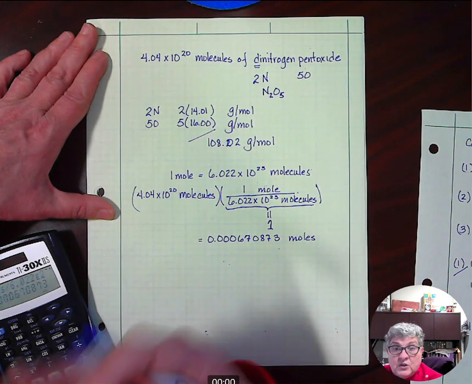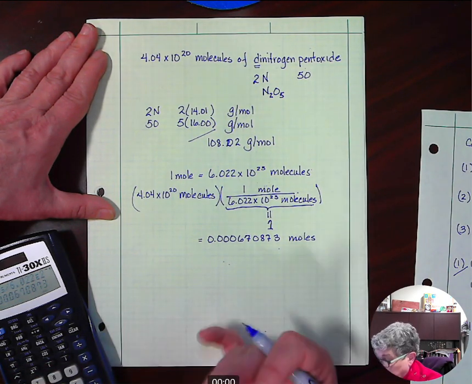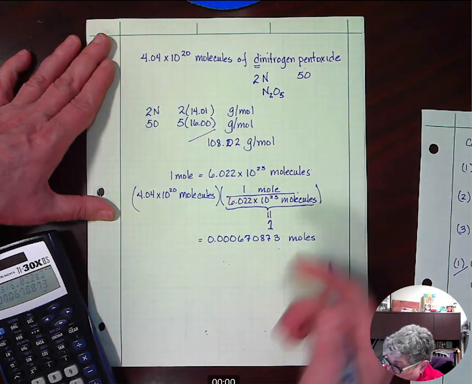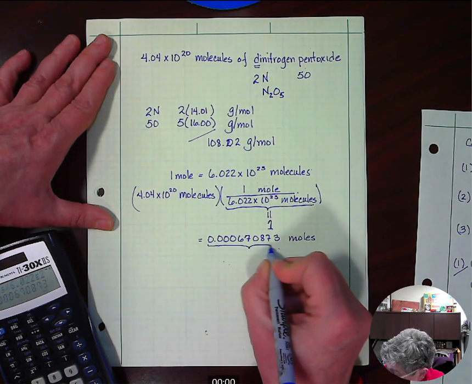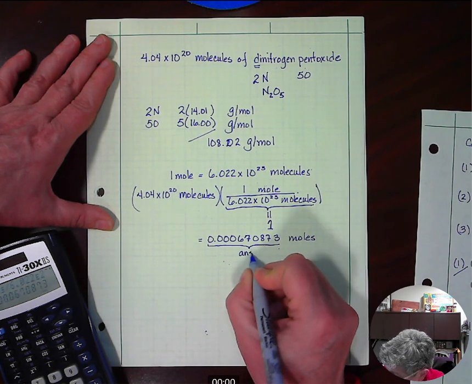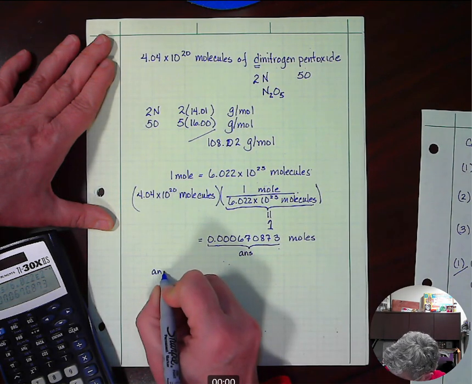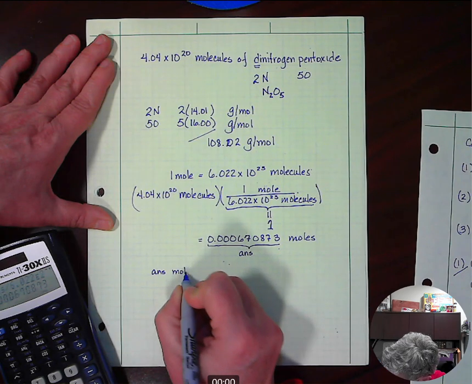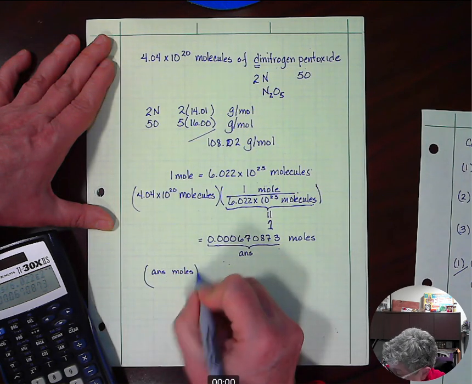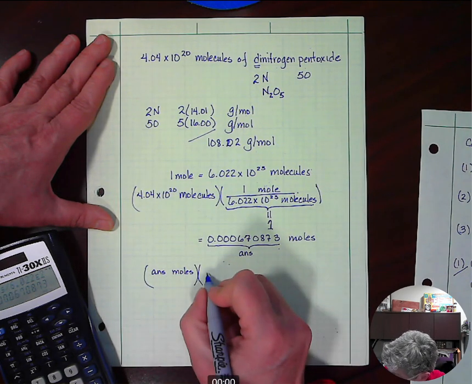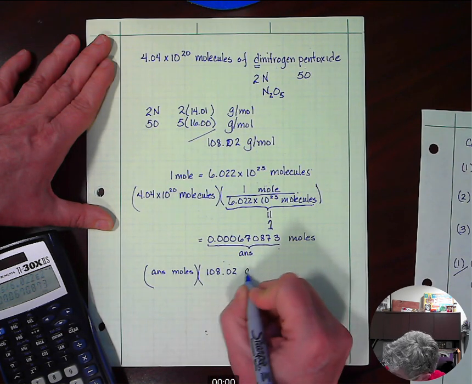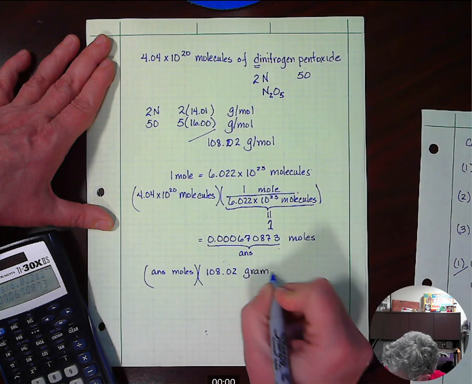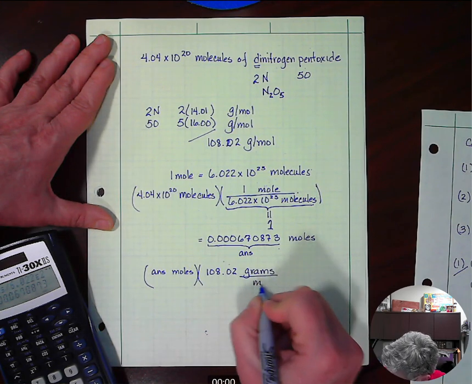And now we want grams, because that's what the problem was asking us for. So I'm going to take this answer, and I'm just going to write this as an answer so I don't have to rewrite that. So I'm going to take that answer, which is in moles, and I'm going to multiply it by my molecular weight, which is 108.02 grams per mole.